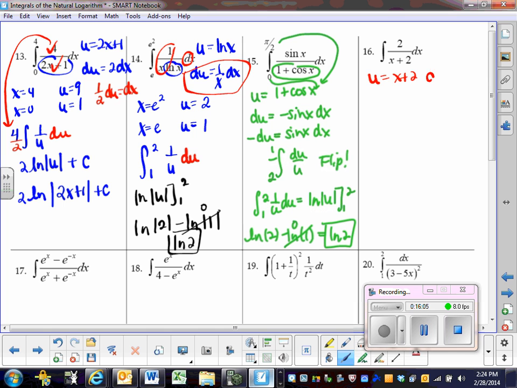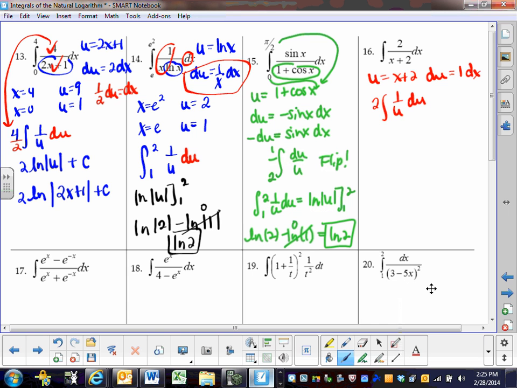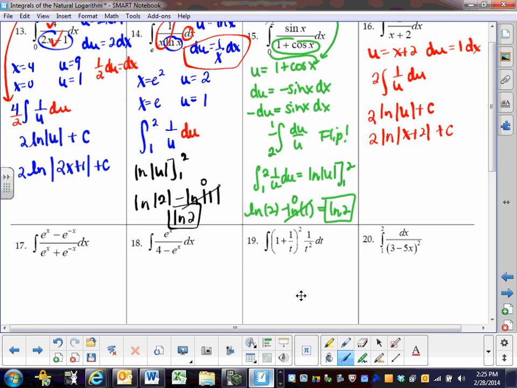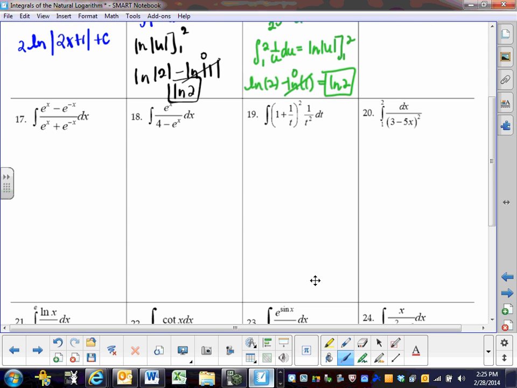So 1 plus cosine of pi over 2 is just 1. 1 plus cosine of 0 is 1 plus 1, so 2. So we have to flip. So positive from 1 to 2, 1 over u du is natural log absolute value of u from 1 to 2. And because we have limits, we never, ever get back together with our x. The natural log of 1 is 0. So we just have natural log of 2 again.